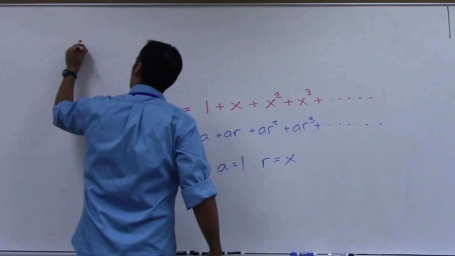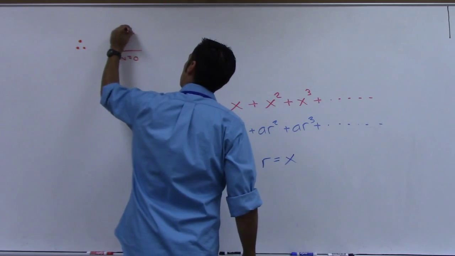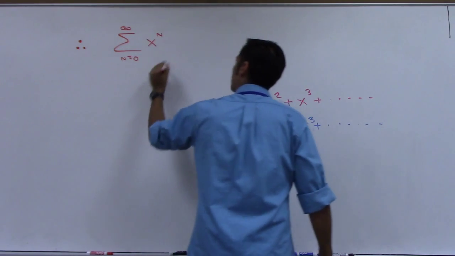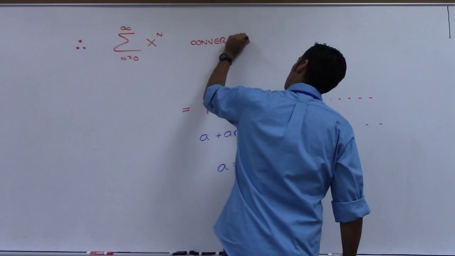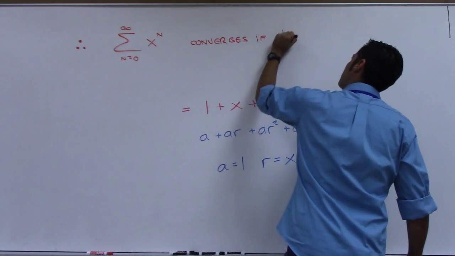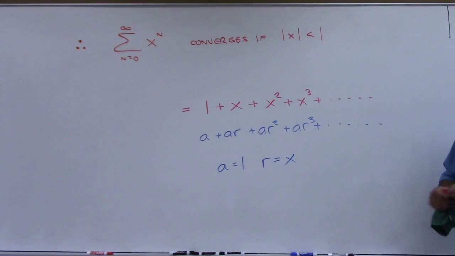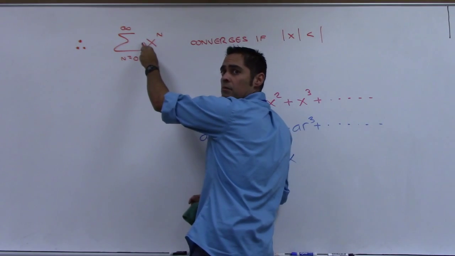Therefore, the sum from n equals 0 to infinity of x to the n converges if the absolute value of x is less than 1, right? Now, does everyone see that what I did here was replace the c sub n with 1?